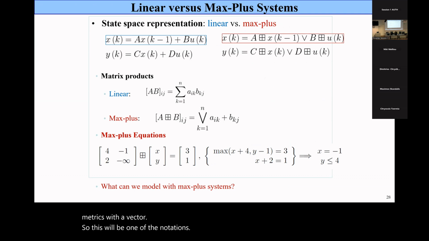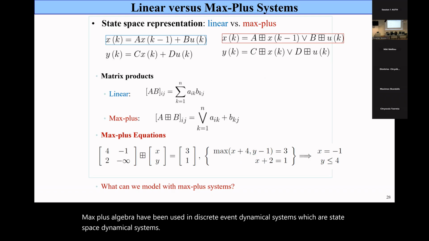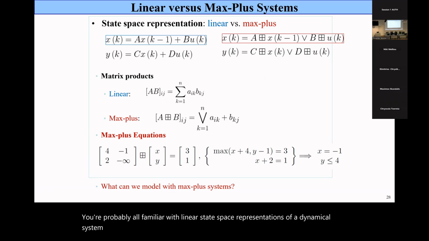Max plus algebra has been used in discrete event dynamical systems, which are state space dynamical systems. You are probably all familiar with linear state space representations of a dynamical system. Well, we now replace the right-hand side.